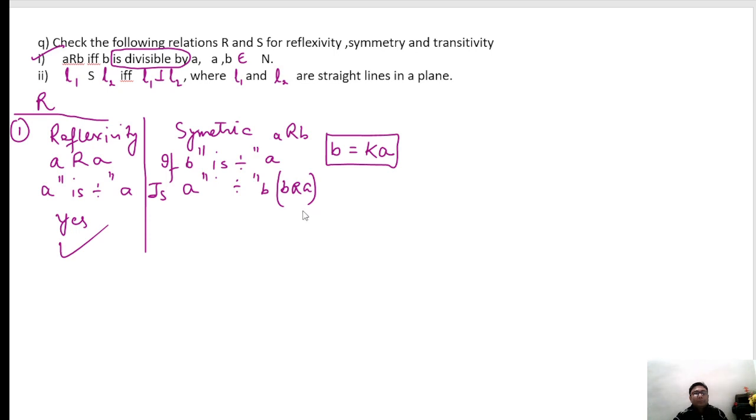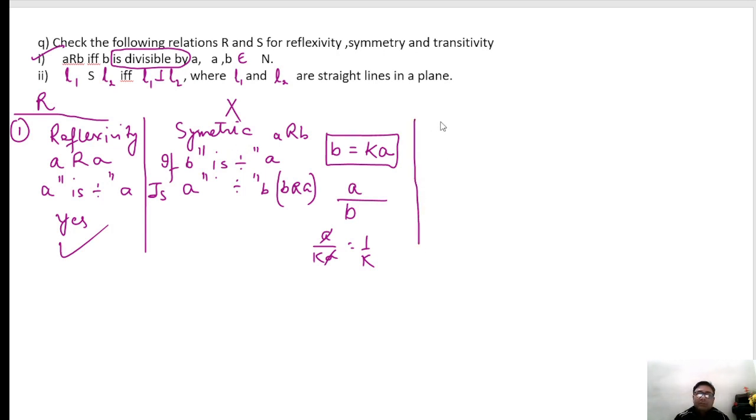So if B is divisible by A, is A divisible by B? A divisible by B means I can write A by KA, so this is not divisible. That means it is not symmetric. It is not symmetric, right?